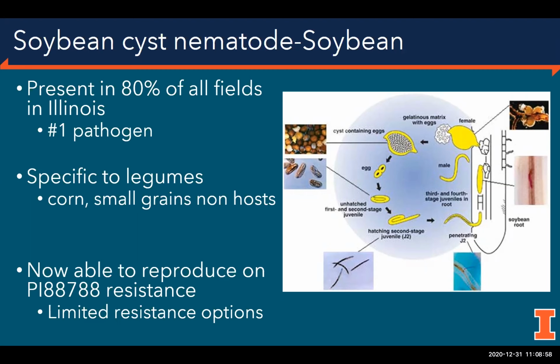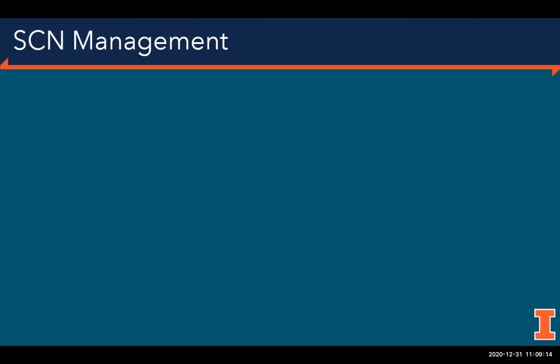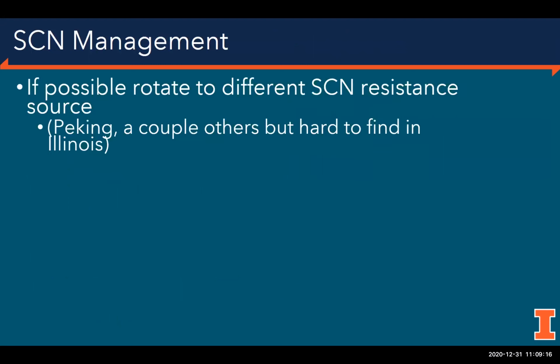And then, you know, the rest are other sources of resistance like Peking, for example. So in Illinois, especially in the middle part and northern part of the state, we don't have a lot of resistance options. Though I have heard there's a company that's going to be coming out with some new sources of resistance pretty soon. And that's going to be great if it works well.